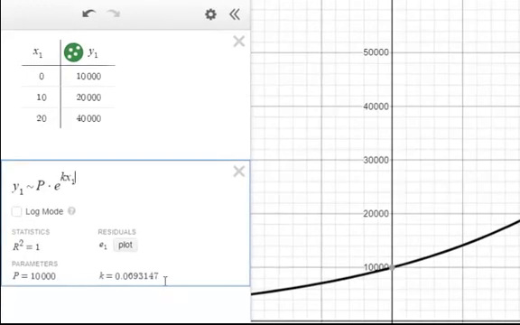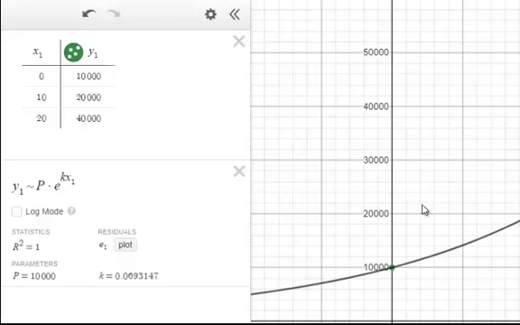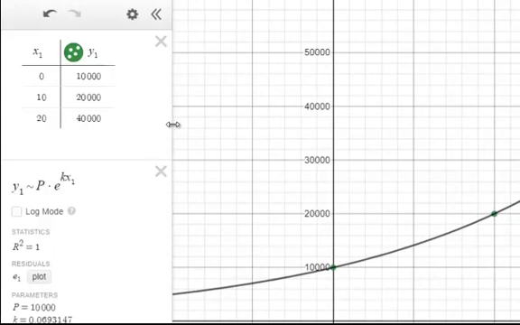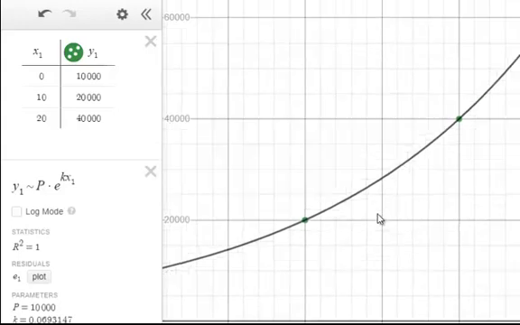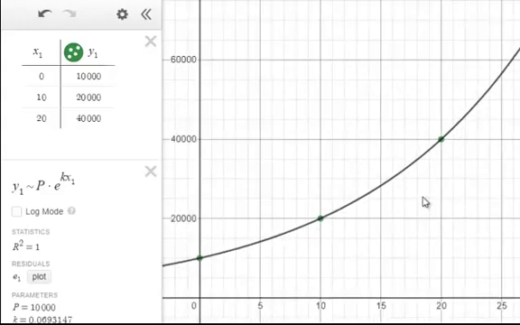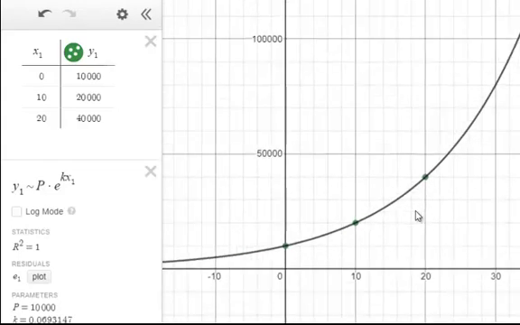So that k here was actually 0.0693. We just saw that the initial population is indeed 10,000. That's what the exponential calculated. And then, oh, I just see that it's actually off the screen. I apologize. So there we go. It's a little better this way, right? I'm going to push this one over. So the 3 dots, I guess one of them was a little off the screen, but here it goes up exponentially and it just grows.